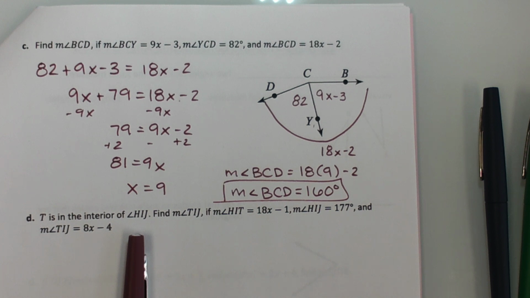Which two angles are we supposed to have together?